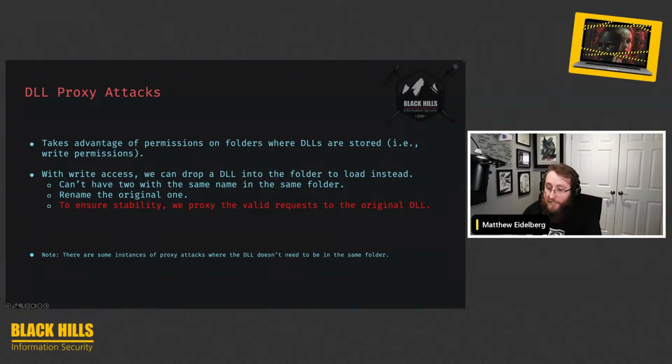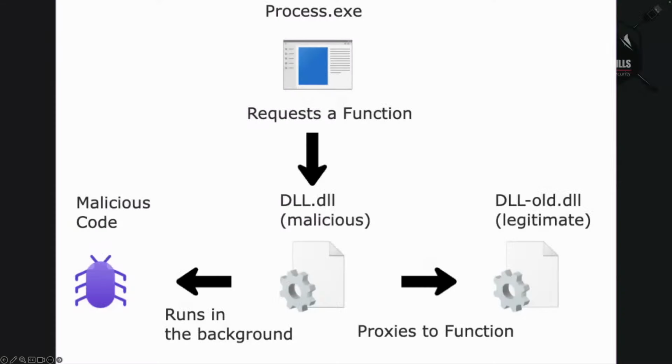But what I just described, I have this great visual to kind of explain it. So let's say this. We hijack process.exe. And so our DLL is in there and our code is running. But process.exe all of a sudden says, hey, I need this function. Let's say it's VirtualAlloc.